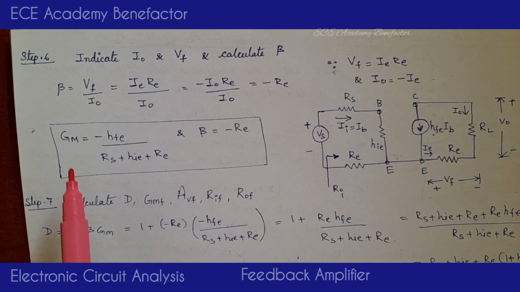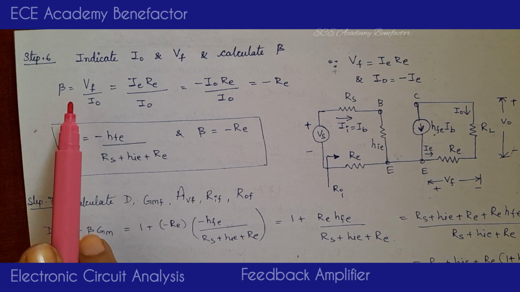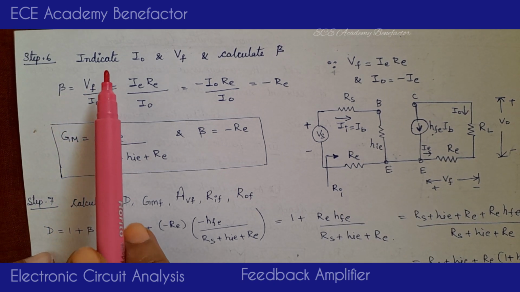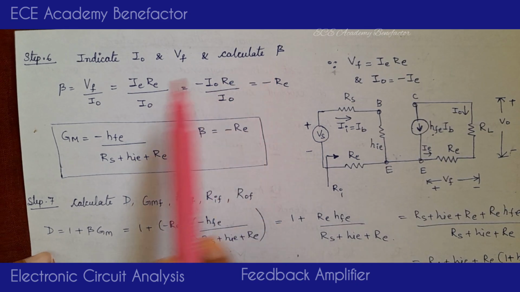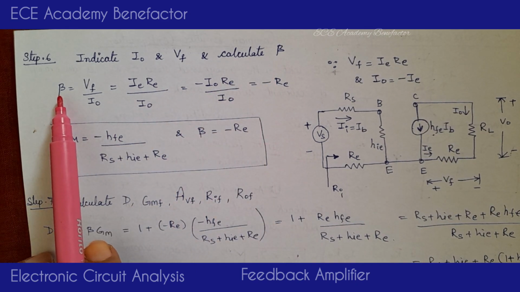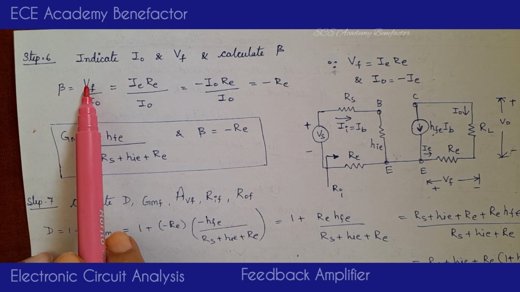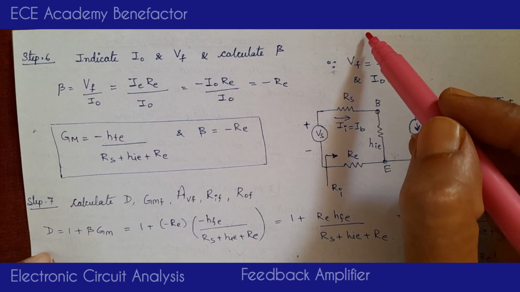Now the next step is to find beta: indicate I0 and VF and calculate beta. What is beta? It is the feedback ratio. What is the feedback ratio? Feedback signal by output current. The feedback signal is VF because it is current series.